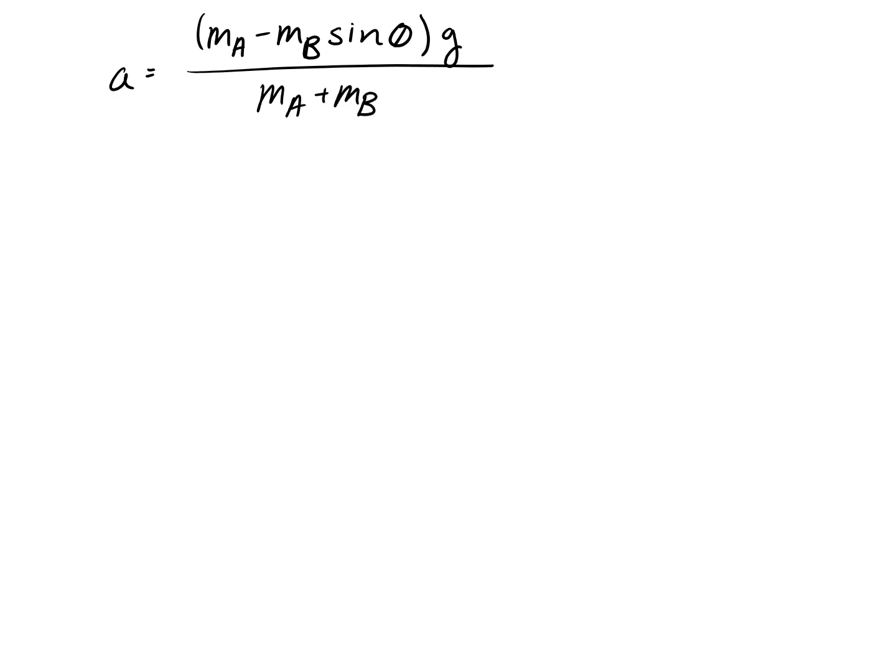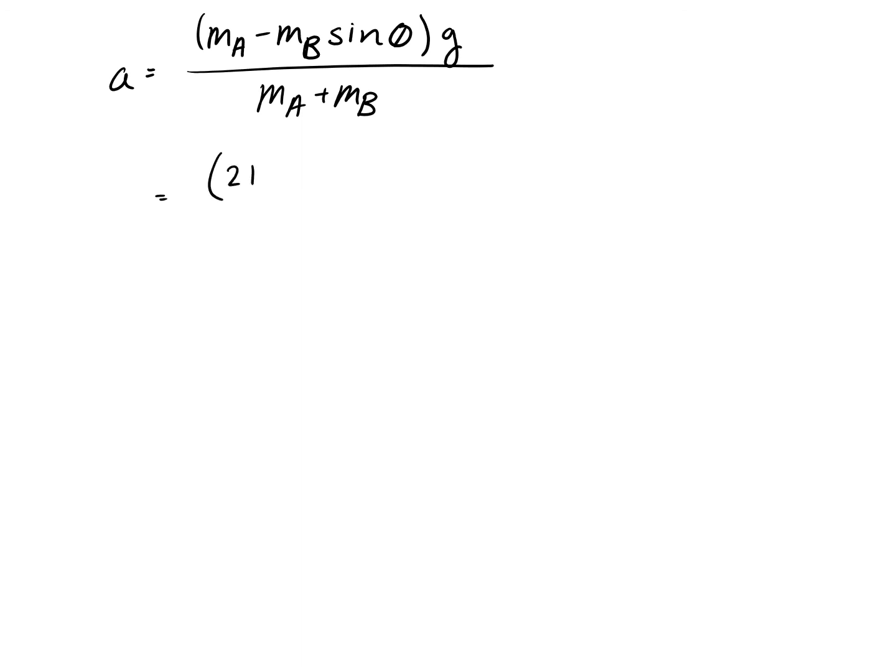So skipping to having the acceleration isolated, I have mass A minus mass B sine theta, multiplied by g, divided by mass A plus mass B. So I've just isolated my acceleration value. I have all of these numbers.